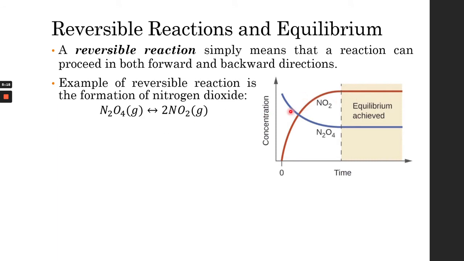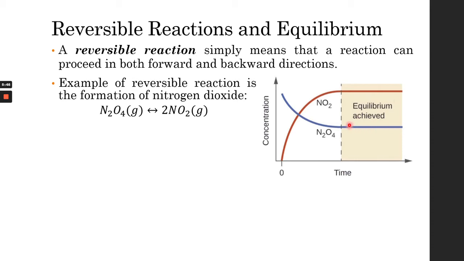Chemical equilibrium is a situation wherein the rates of production of the reactants and the products are equal, happening at the same time. So what is happening here is that the N2O4 will keep decreasing until it reaches a state of equilibrium, wherein the lines flatten out.